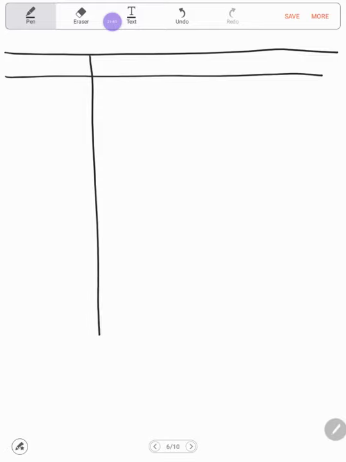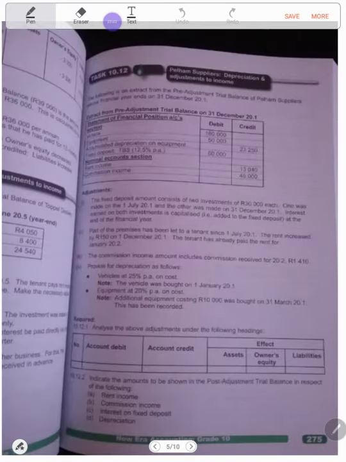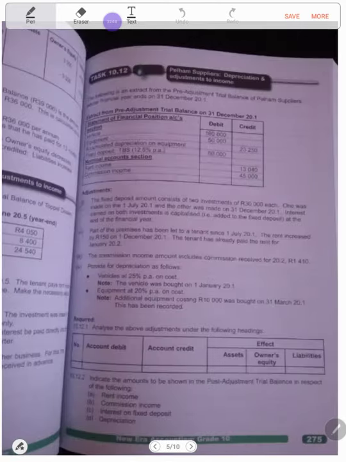In your books you would have had the template. It's assets, owner's equity, and liabilities. And then account credit and our account debit. So let's have a look at these transactions.